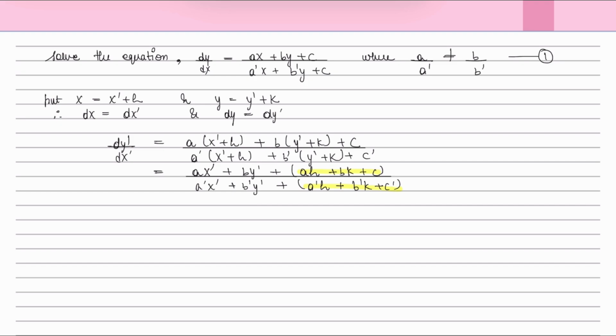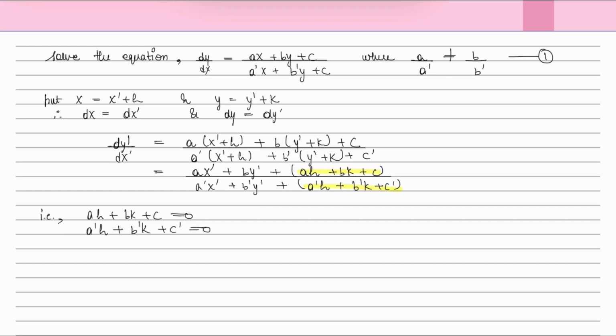From this pair of equations, we will find the values of h and k, that is, a into h plus b into k plus c equals 0, and a dash into h plus b dash into k plus c dash again equals 0.